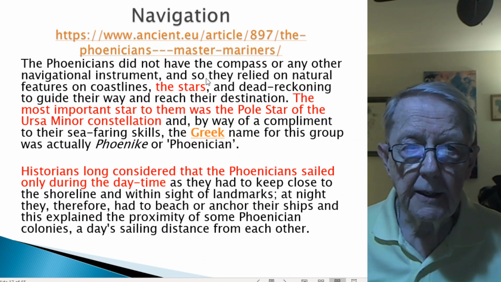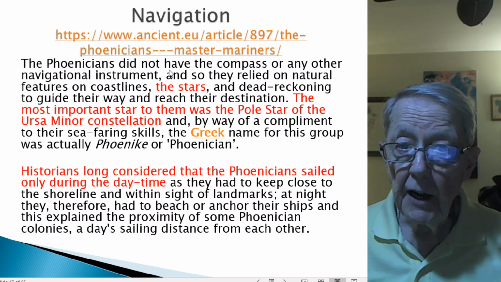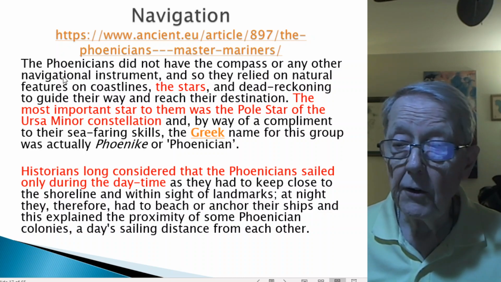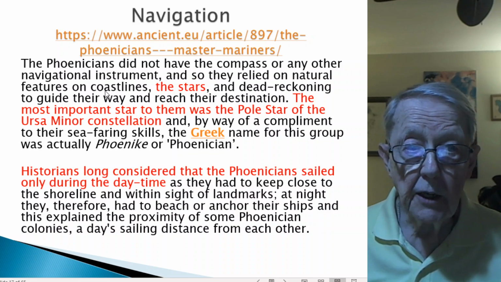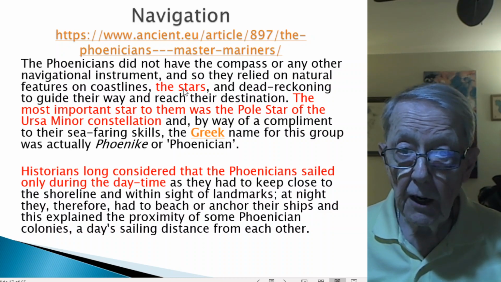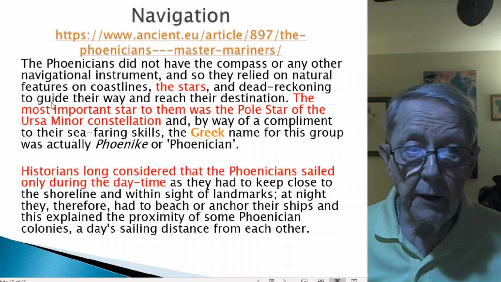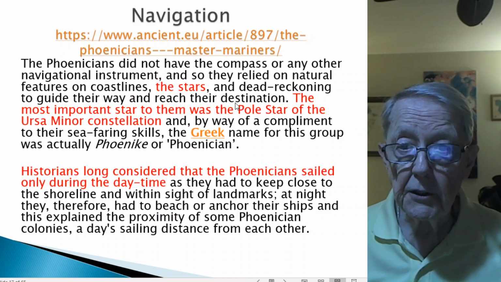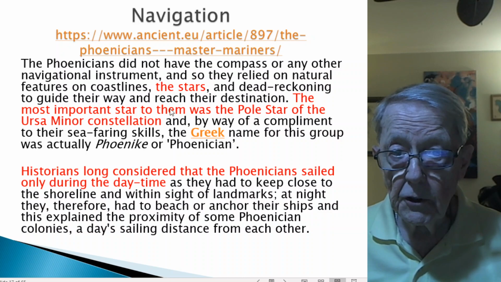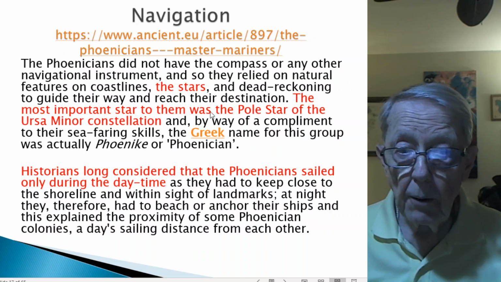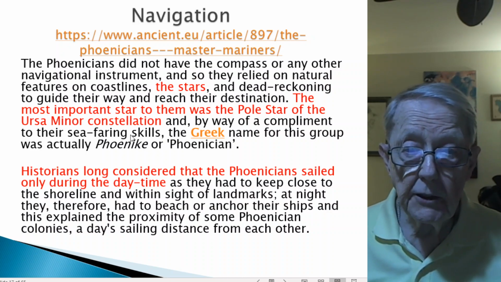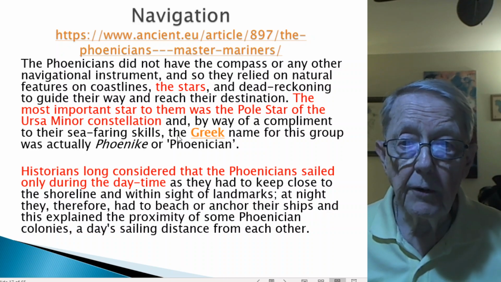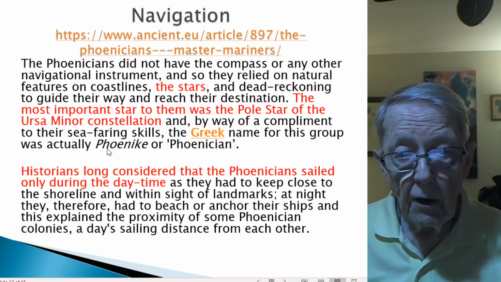Here's another link. The Phoenicians did not have a compass or any other navigational instrument, and so they relied on natural features such as coastlines, the stars, and dead reckoning to guide their way to reach their destination. The most important star to them was the pole star of the Ursa Minor constellation, and by way of a compliment to their seafaring skills, the Greek name for this group was actually Phoenike.